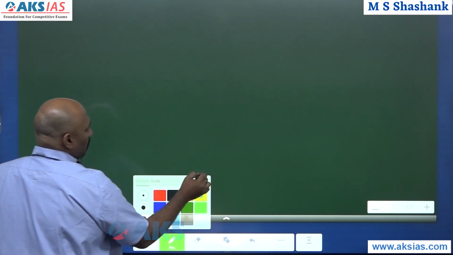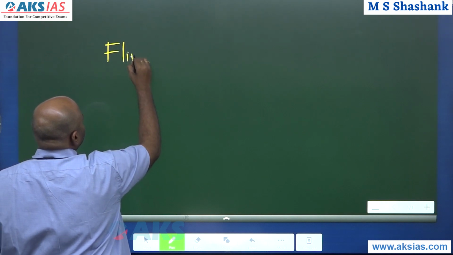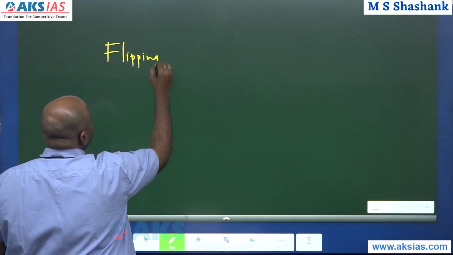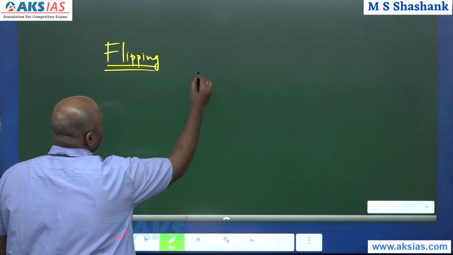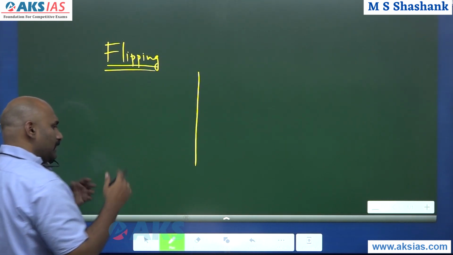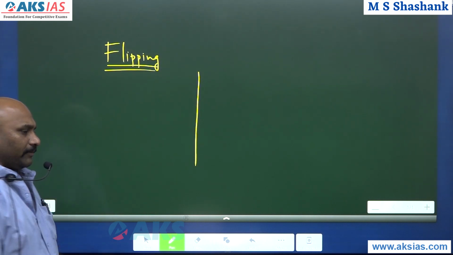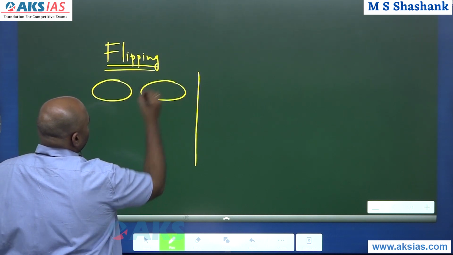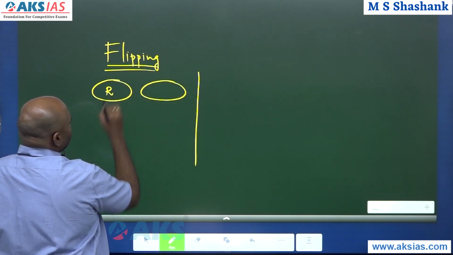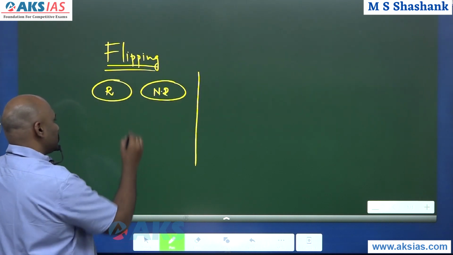Fundamentally, in the flipping concept there are two phases. Let's first understand the concept without flipping. You have resident shareholders and non-resident shareholders.